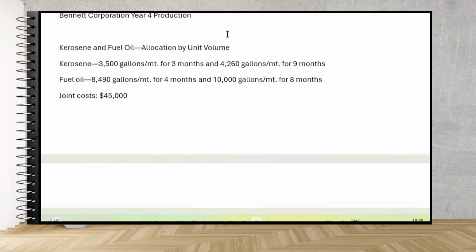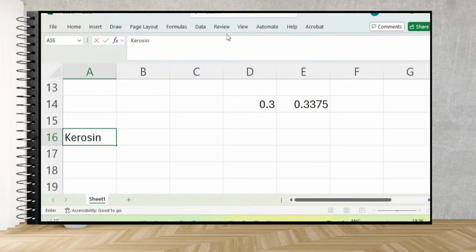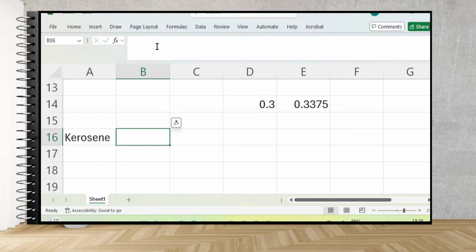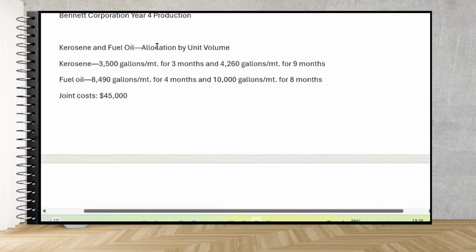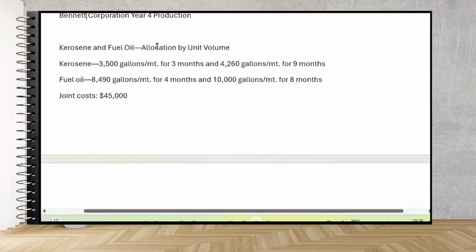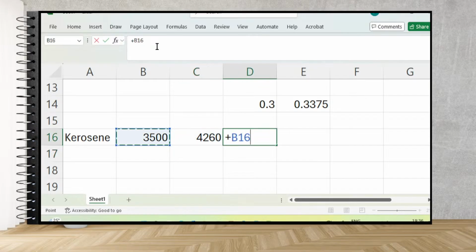Total kerosene produced: first 3 months 3,500 and next 9 months 4,260, so multiplied by 3 plus multiplied by 9.